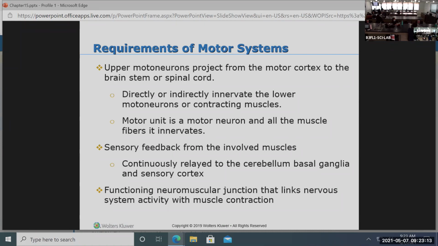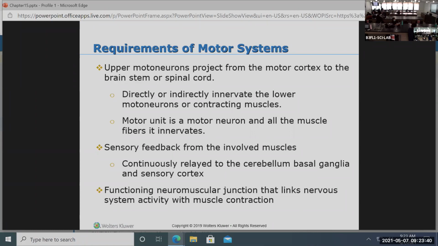Now, how are they working? They directly or indirectly innervate the lower motor neuron or contracting muscles. The fiber coming from the motor cortex is part of the upper motor neuron, and then from the ventral horn of the spinal cord, the fibers coming out through the ventral root of the spinal cord are my lower motor neuron.